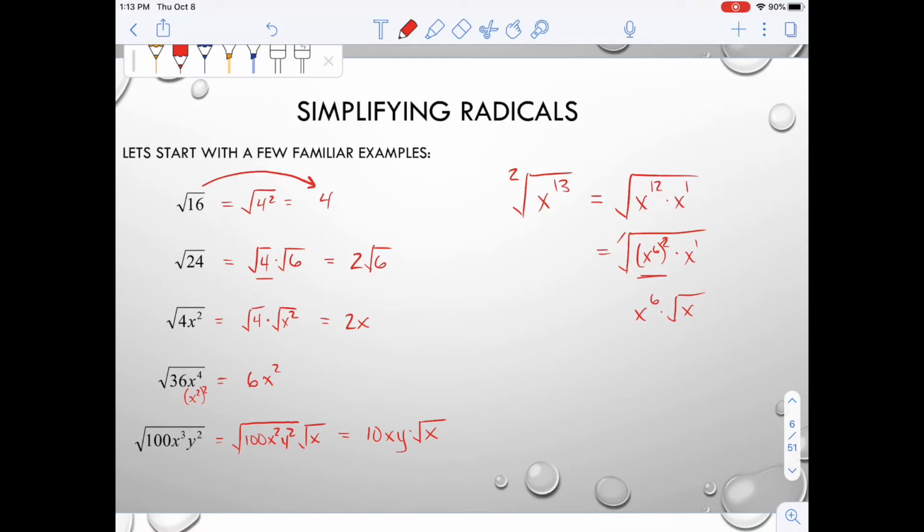Now, my faster way, or the Ferrari method, if you will. Again, my index here is 2. It's unwritten, but it's 2. So I'm going to ask myself, 2 goes into 13 how many times? 2 divides 13 6 times, with a remainder of 1. So since 2 divides 13 6 times, there are 6 x's that come out, and 1 remains inside from the remainder. To that point then, if I had something like the cube root of x, I don't know, let's do to the 22nd.